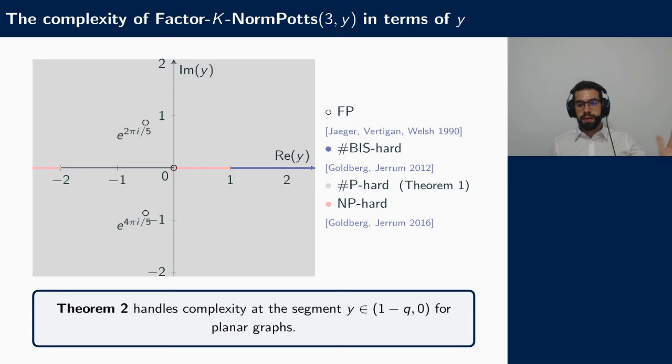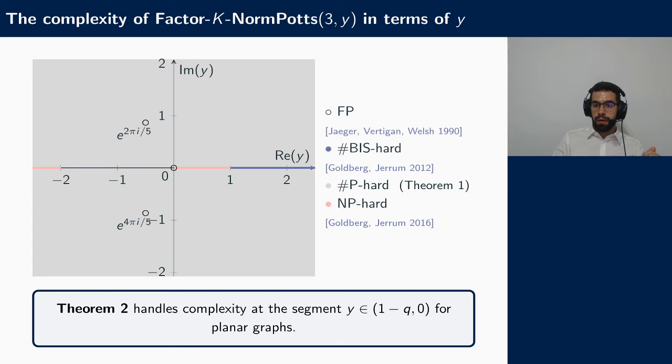So the plot that I showed before for q equals 3 now, with the help of theorem 1, becomes this one. So now we know hardness almost everywhere. And the plot would be essentially the same one for larger values of q.